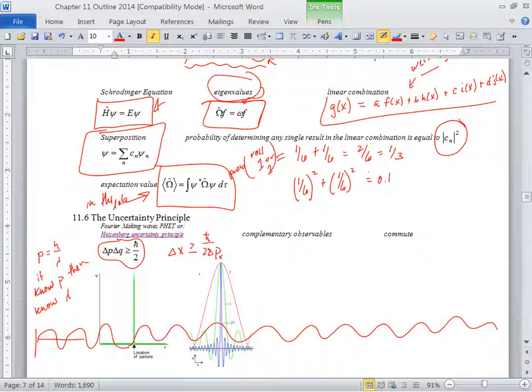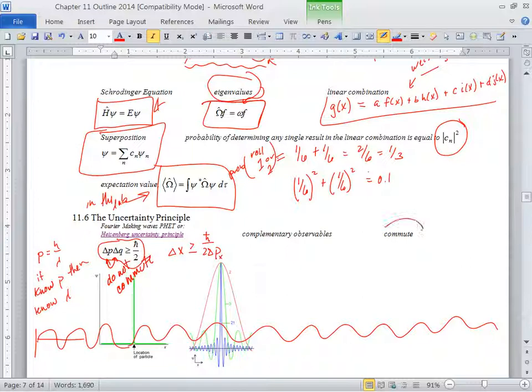That story where you have these two guys multiplied together and this uncertainty principle relationship, it holds for these parameters, or these observables or these measurables, whatever word you want to put on there, that do not commute.